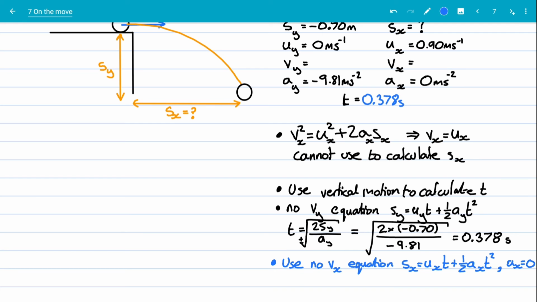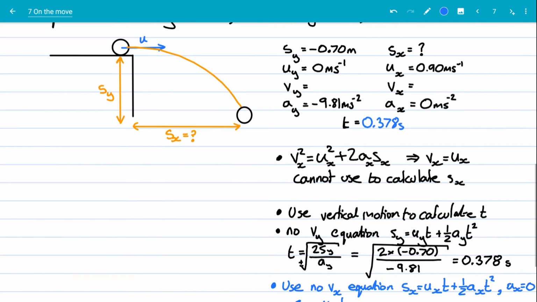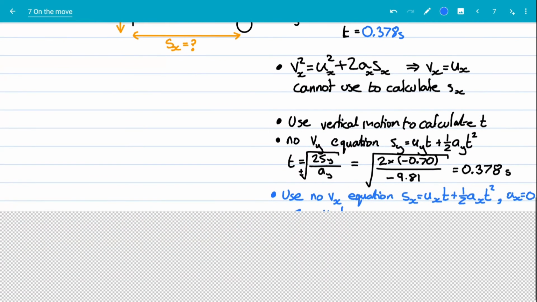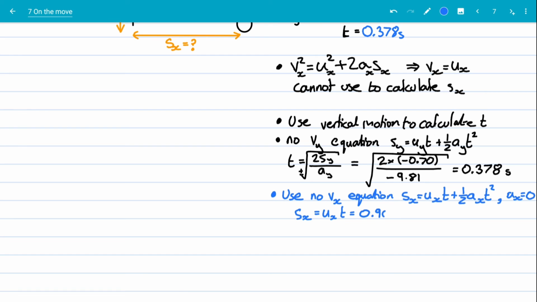So that just becomes Sx is equal to uxt, which is equal to 0.90 multiplied by our number, which we have rounded to an extra significant figure, which hopefully will guard us a little bit.